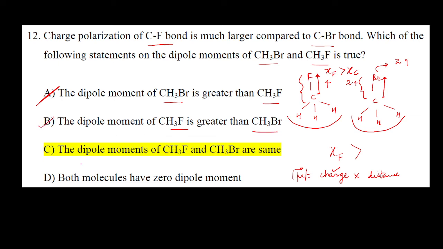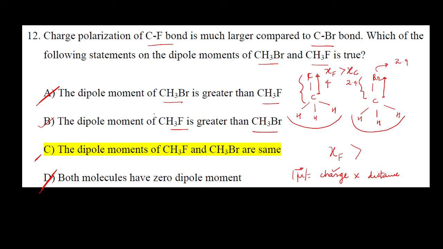Third is that the dipole moments of CH3F and CH3Br are the same. We cannot eliminate this option as of now. Next is that both molecules have zero dipole moment, which is not the case. So with the help of our basic concepts, the answer is among B and C, so we eliminate options A and D.